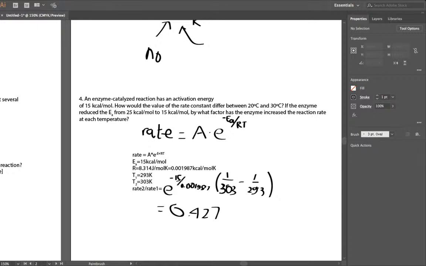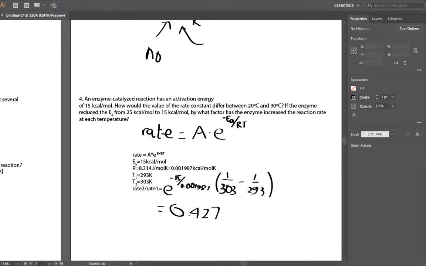Let's just recheck it because it doesn't really make sense. What I'm doing is rate 2 divided by rate 1. So rate 2 divided by rate 1 would be 1 over 303 minus 1 over 293. Wow, there might be something wrong.